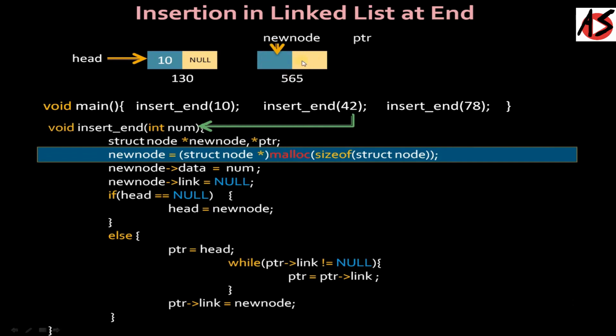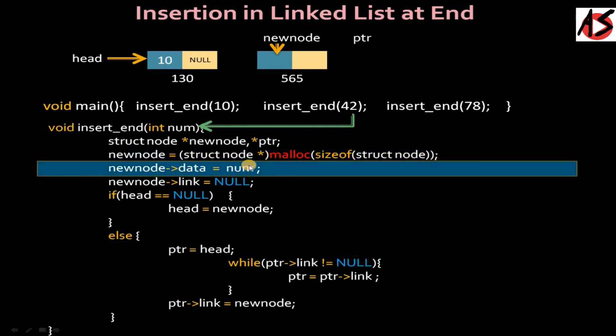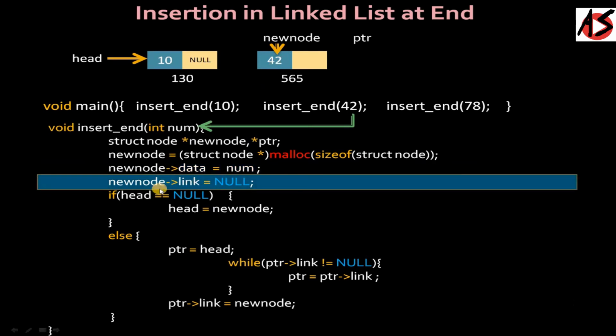Now in the new node data part, we are inserting the value num. So num contains 42, and here we are inserting 42.